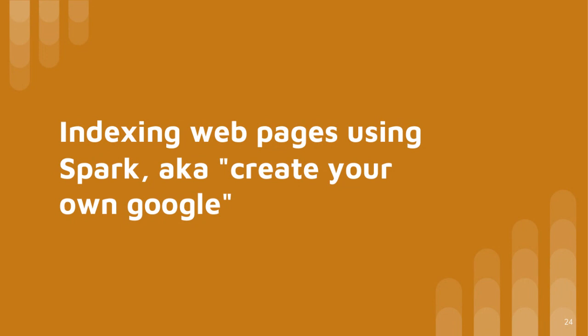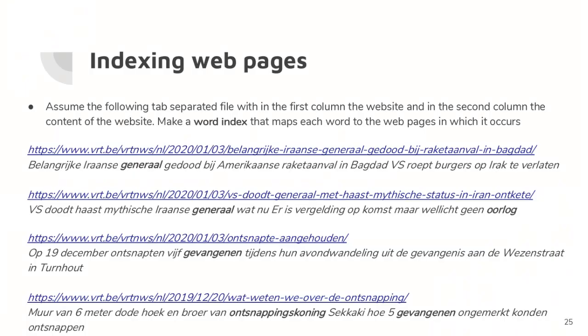You could use that and then create your own Google. Since it's a Spark program, if you have thousands of computers, you can do it for a massive amount of web pages. So here's an example. Assume you have a tab or comma separated file where the first column is a website and the second column is the content of a website.